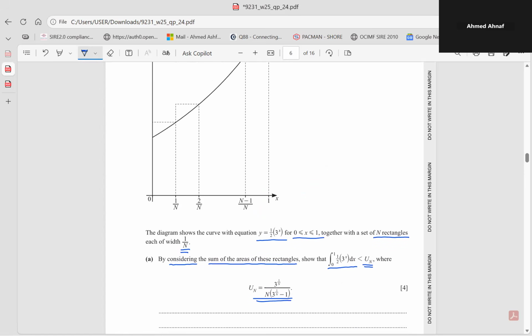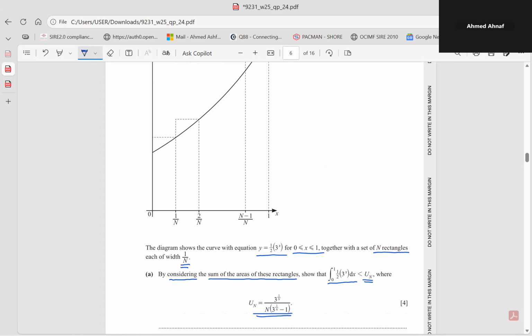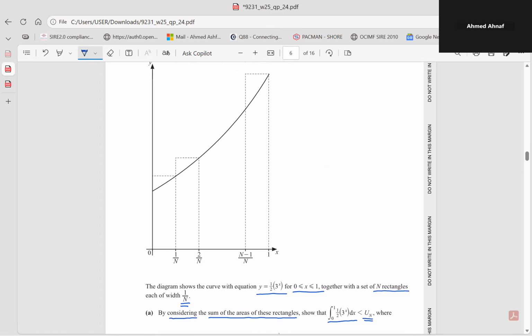So to find what un is, let's consider the sum of these rectangles. You can see that for all these rectangles, the top right-hand corner touches the curve, so all of them are above the curve, and definitely if you sum up all of the areas, they're going to be more than the area under the curve.